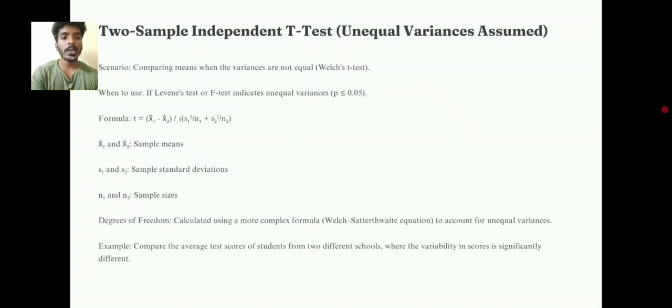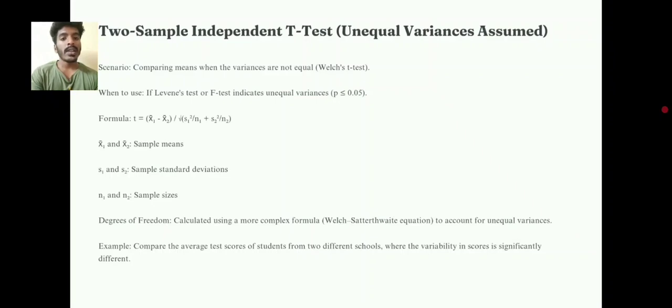Welch's t-test. When to use: if Levene's test or F test indicates unequal variances, p less than or equal to 0.05. Formula: t equals x bar 1 minus x bar 2 divided by the square root of s1 squared divided by n1 plus s2 squared divided by n2.